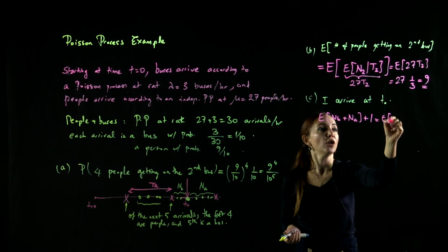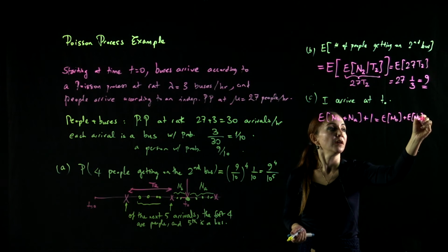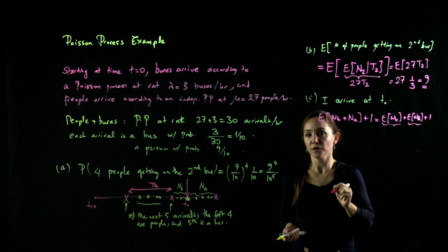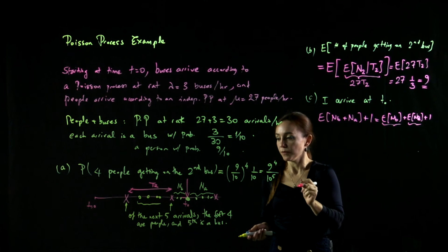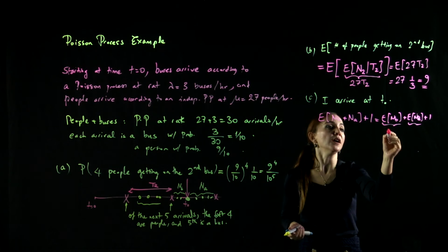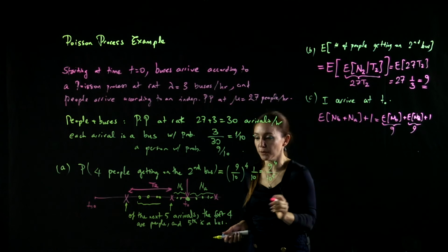But the expectation of the number of people that come after me, by the fresh start property of the Poisson process, and the number that came before me, are both equal to 9, because the situation is exactly the same as above.